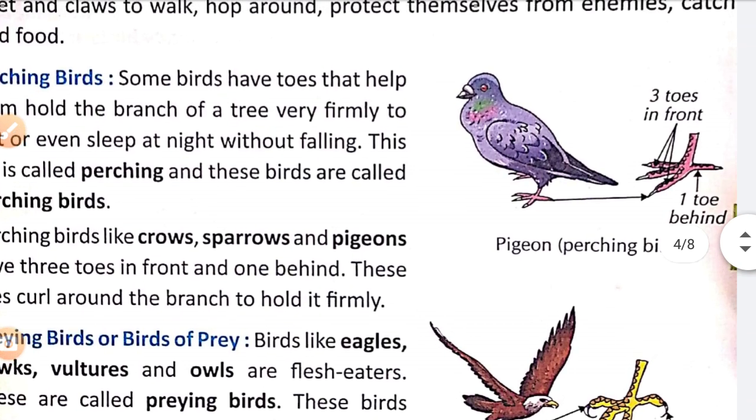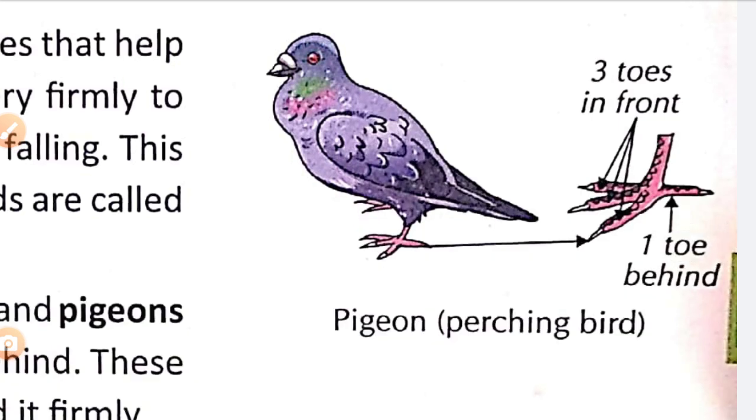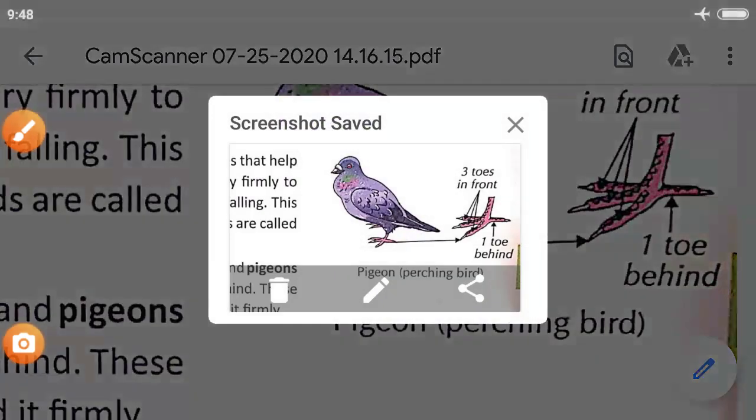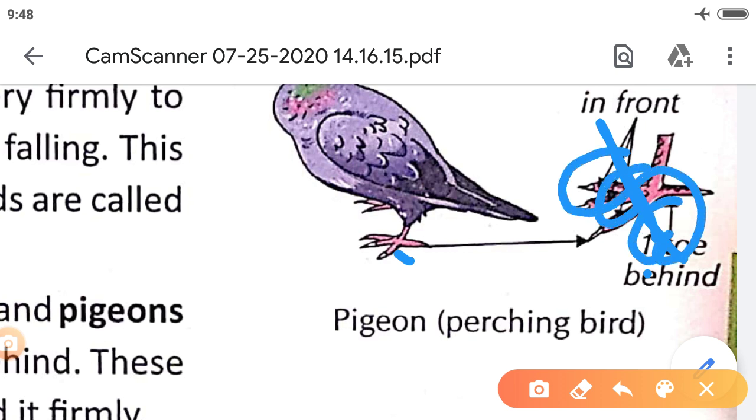See, students, here, perching birds' claws. 1 toe is behind and 3 toes in front. In this way, they can hold any twig. If a twig is there at the downside, then they can easily hold it like this. And one is at the back side.